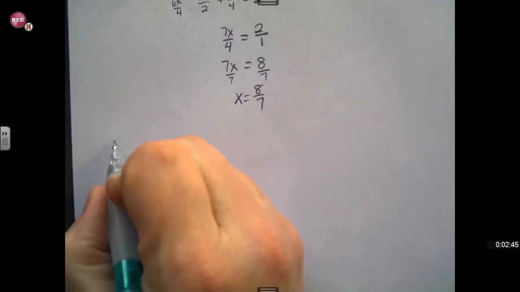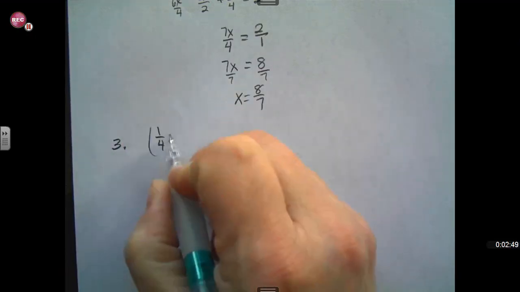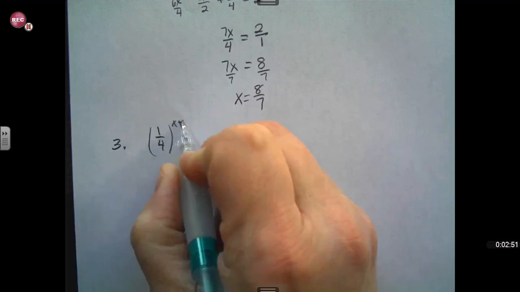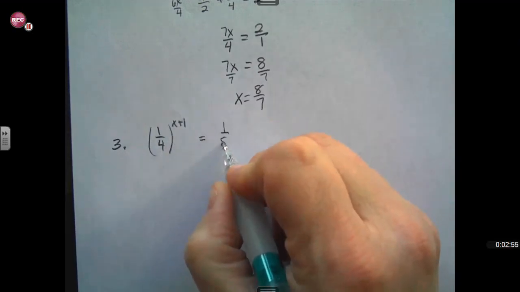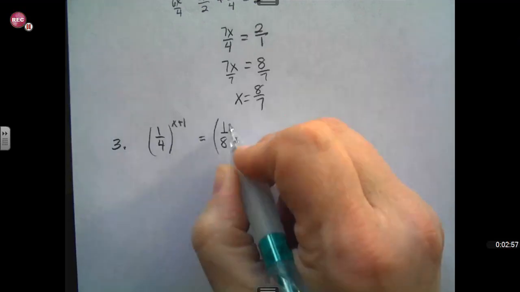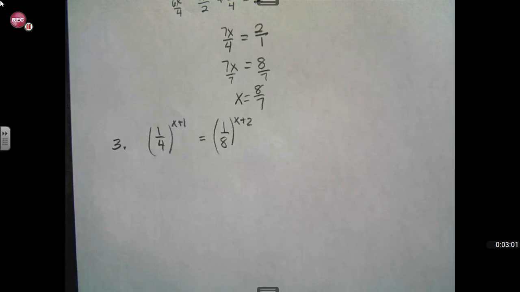And number 3, we have 1/4 to the x plus 1 equals 1/8 to the x plus 2. And I would write both of these as 1/2.